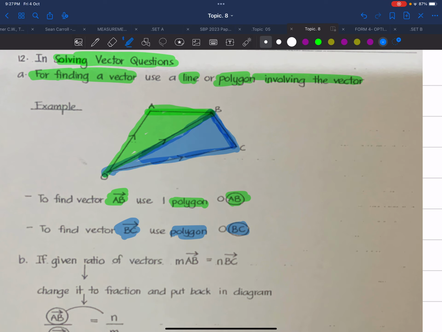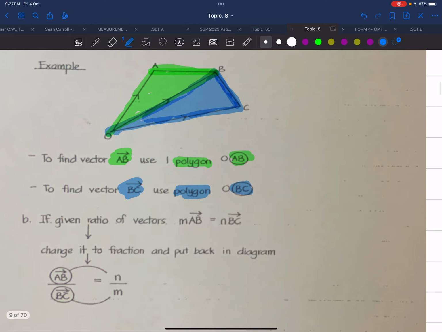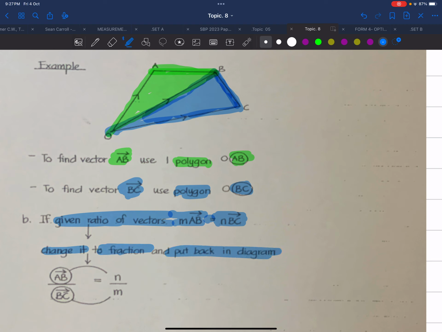Okay, another thing before I finish. If you are given a ratio of vectors, m AB same as n BC, change it to a fraction, and then you must put it back in the diagram. Example, if I'm given 3 AB, vector AB, same as 5 CD. So we have numbers 3 and 5.